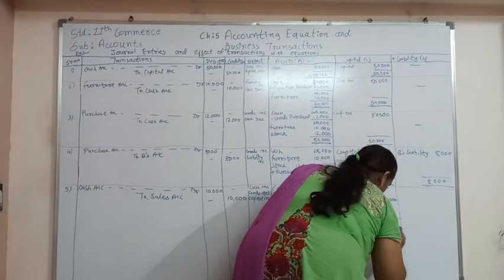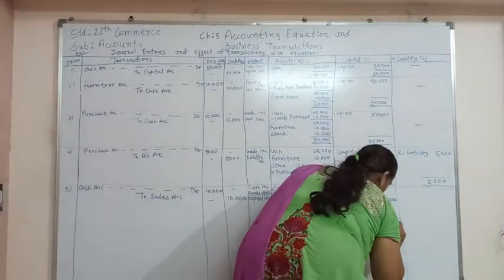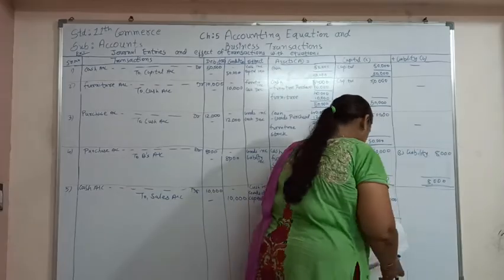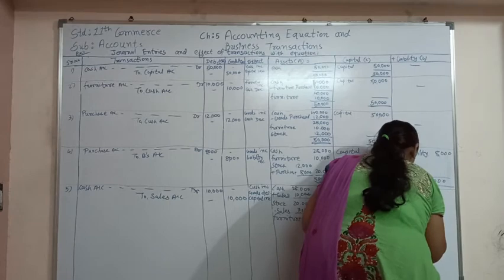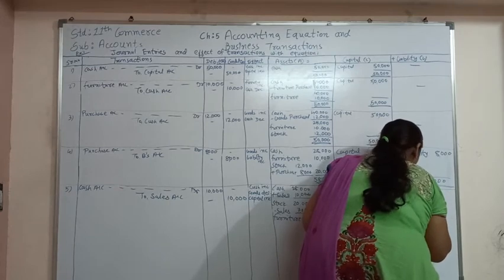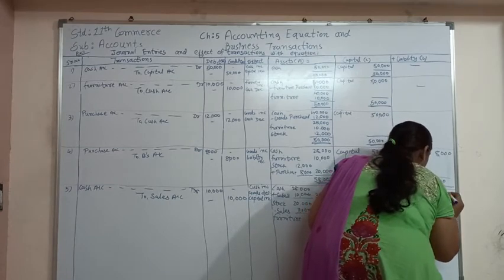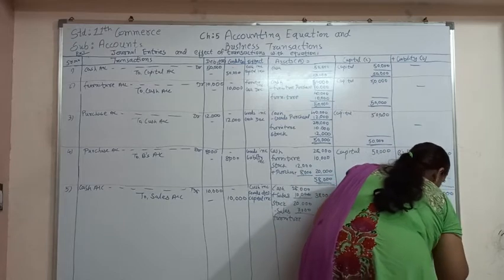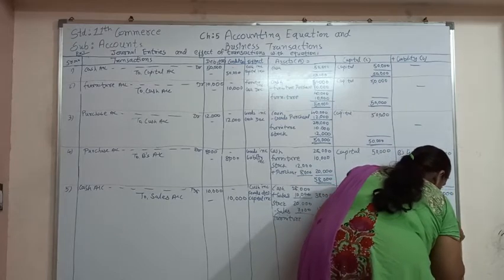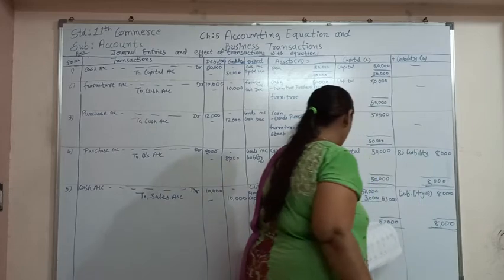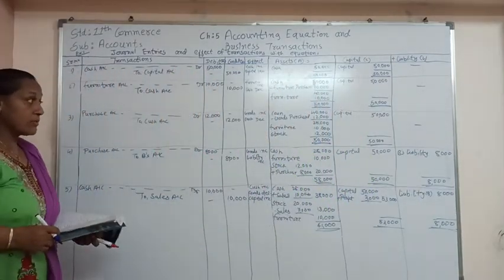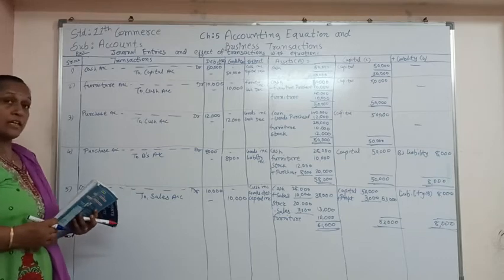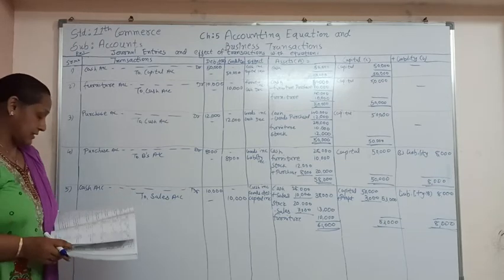Here we are going to write 53,000, and here the liability of B is of rupees 8,000. So here again 8,000. So 53 plus 8 will be 61. Student, you may note down this. Then we are going to see the next transaction.